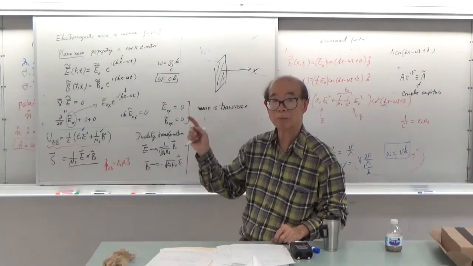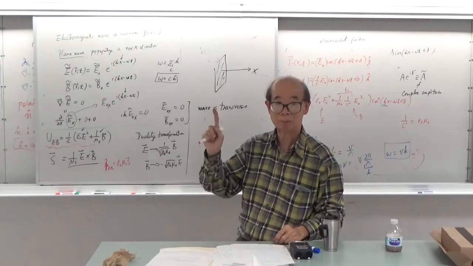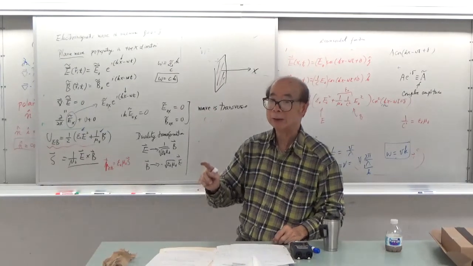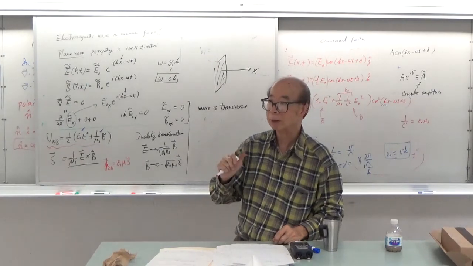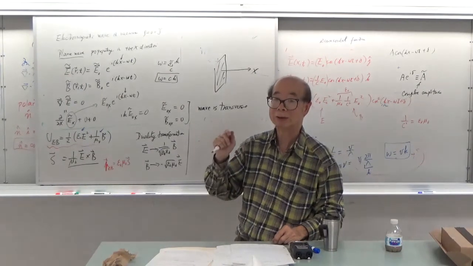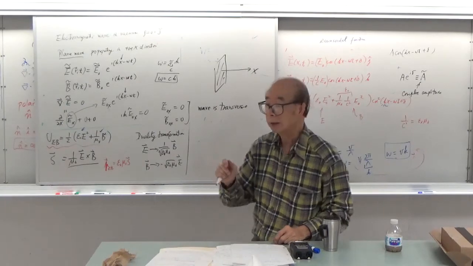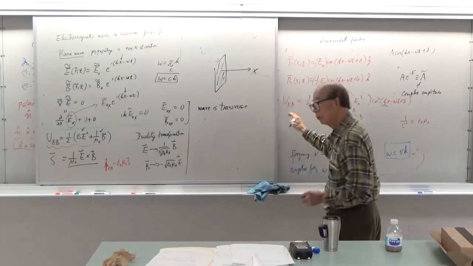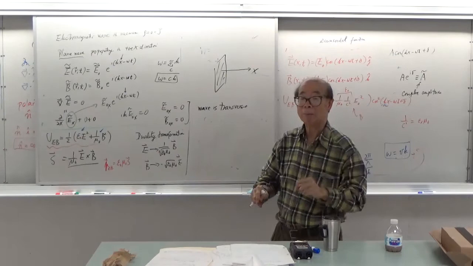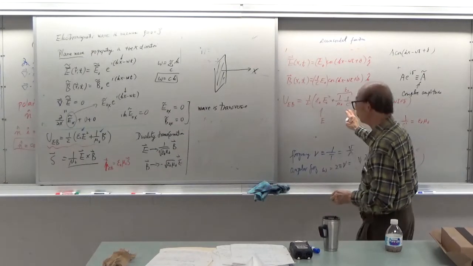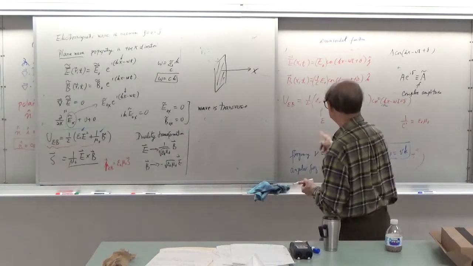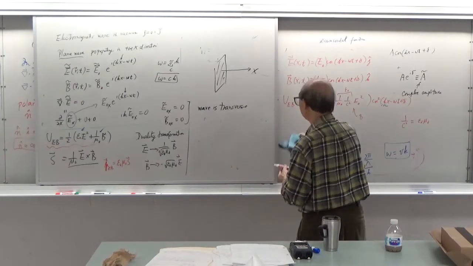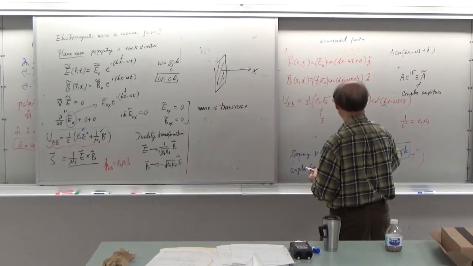For the case of propagation of waves in vacuum, we will see that in general that's not true. For example, when we come to talk about propagation of waves in conductors, we will find out that the energy density of the wave is dominated by the contribution from the B field rather than the E field. But it's nice, for the vacuum case, they contribute equally.